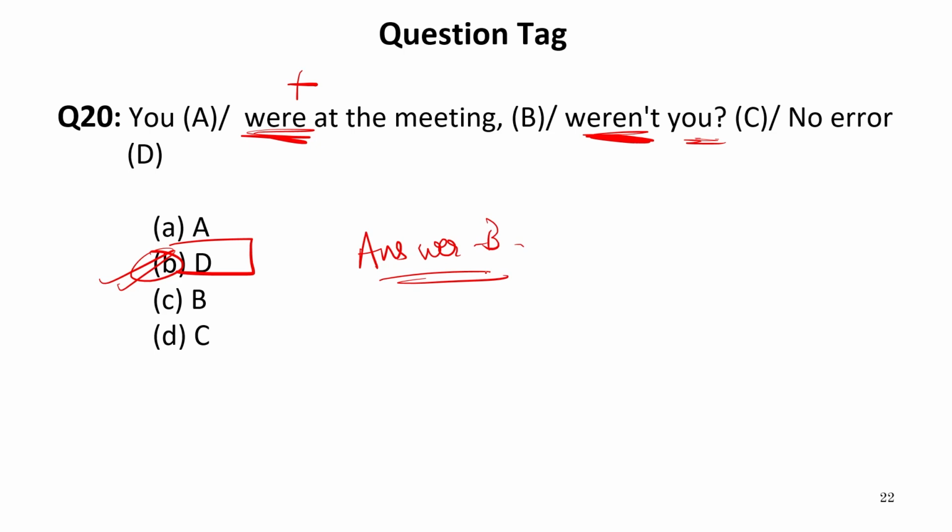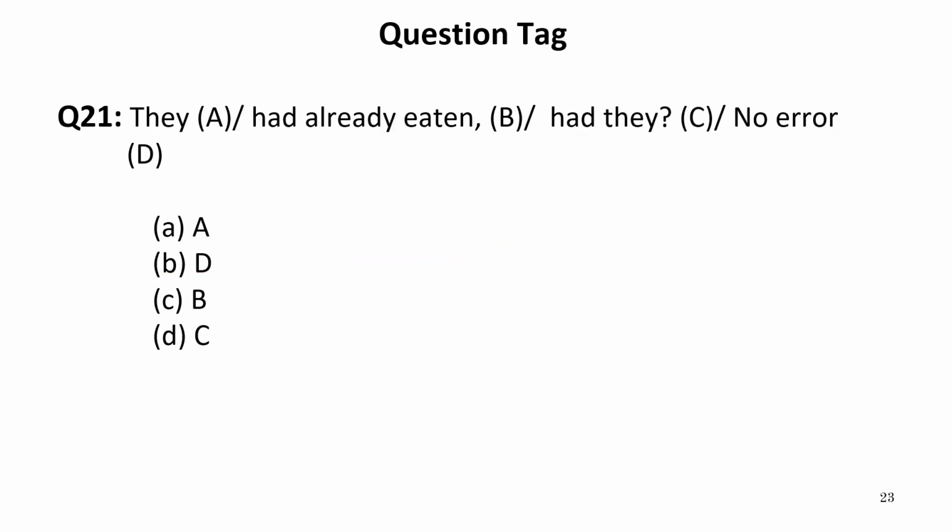Now, let us move to the next one. They had already eaten. Had they? Now, they had already eaten means they have had their breakfast or they had had their breakfast. It means the sentence is in past perfect tense. So the question tag that has to be made for this is had not they, because the statement given is a positive statement.